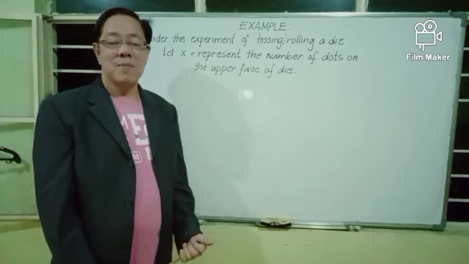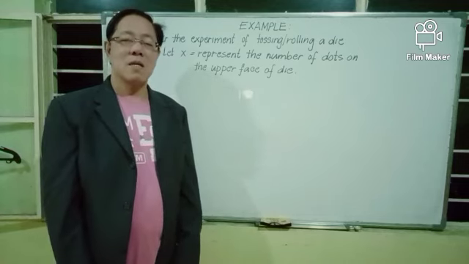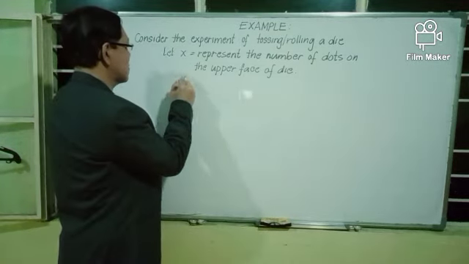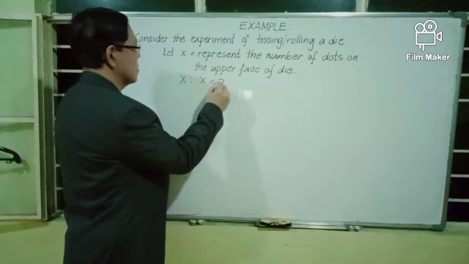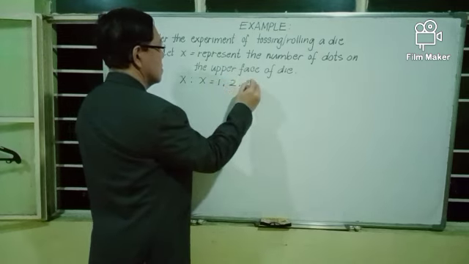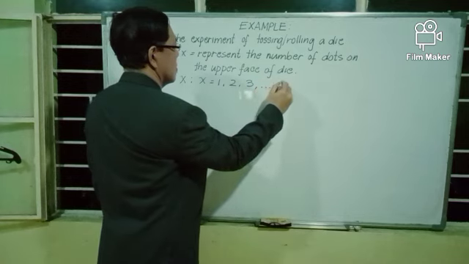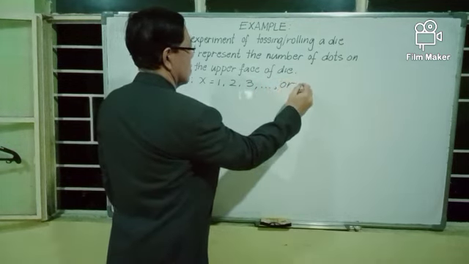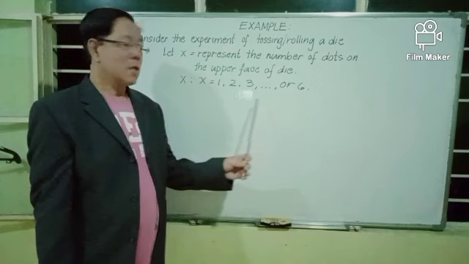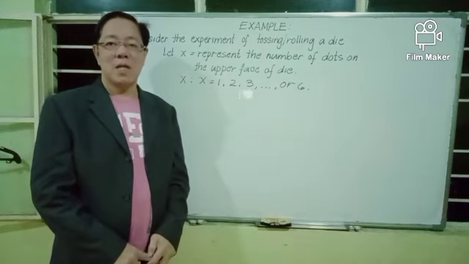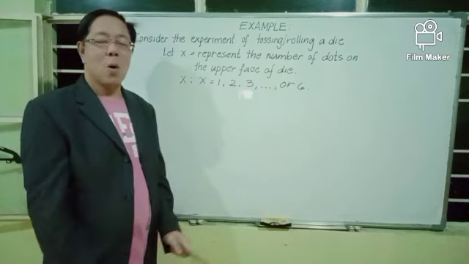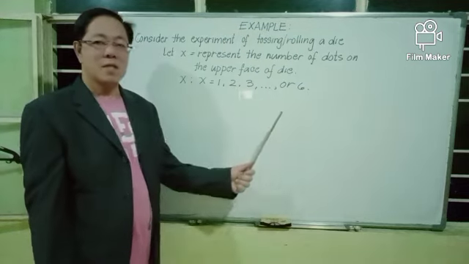Now, as I said, the variable x can take values from 1 to 6, or any one of these 6 possible values, because in each toss of a die you can get 1 dot or 2 dots or 3 dots up to 6 dots.